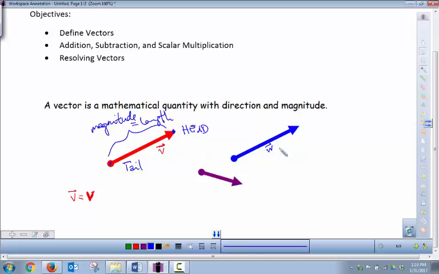And we can see that the red vector and the blue vector here are equal, although they're not at the exact same spot. The criteria for a vector is a direction and magnitude, and as long as the direction is the same and the magnitude is the same, then it's the same vector. So in this case, we can say that vector V is actually equal to the vector W.